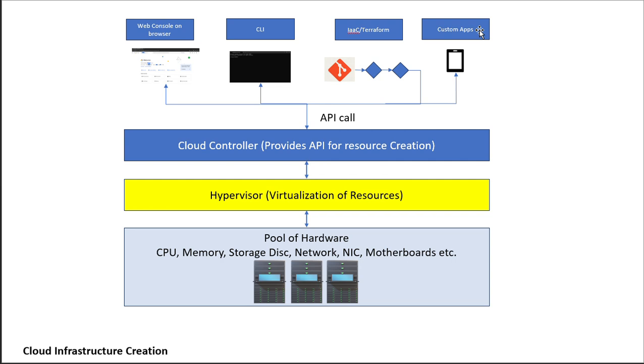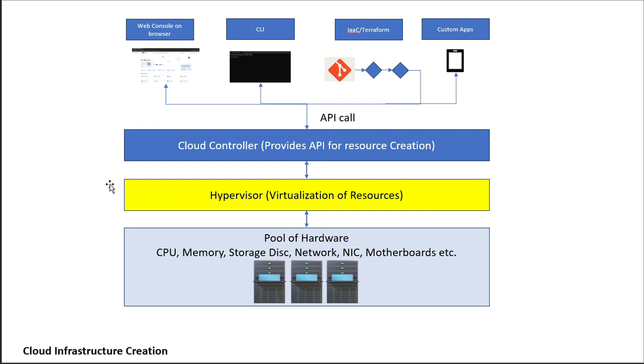You can create custom apps, or various existing apps, which call these APIs to do the same thing. So there are various ways to provision resources, and they are all managed by this main component, the hypervisor, which is responsible for virtualization of the hardware.